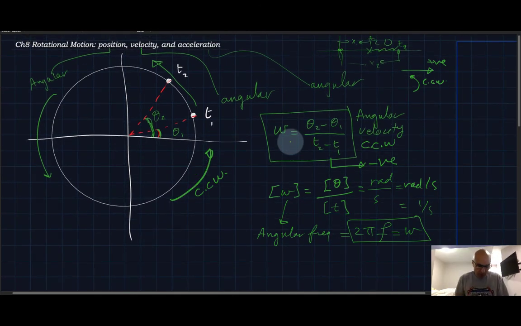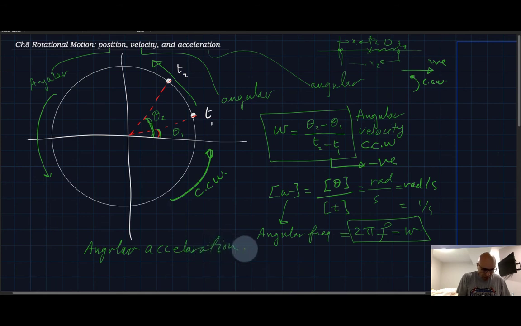Now we are going to define something else. We are going to call it angular acceleration. And instead of writing it as a for angular acceleration, we write it as alpha.